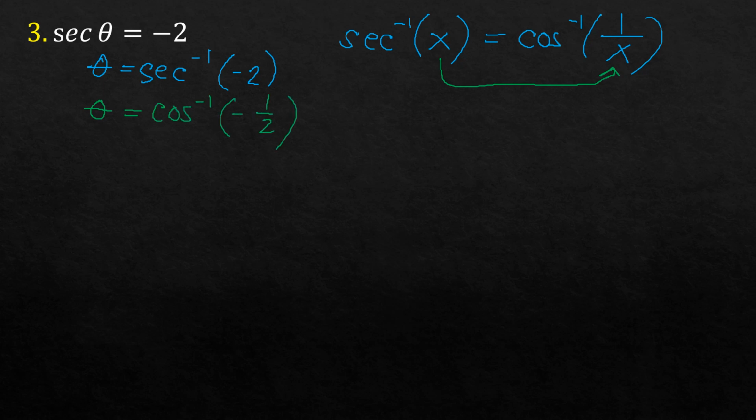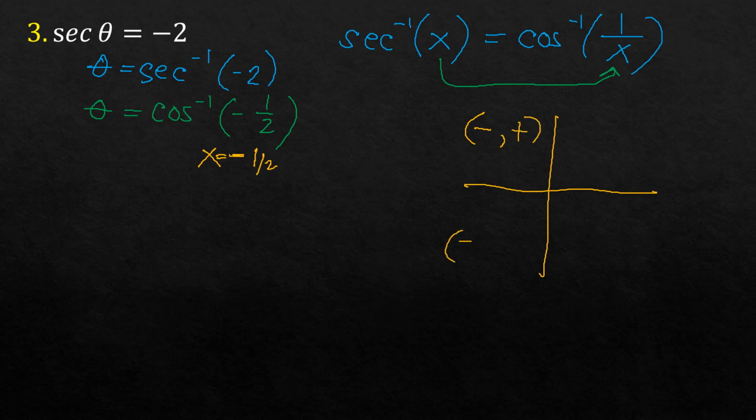Now the basis here is negative 1/2, and that negative 1/2 is the value of x. So where can we find negative value of x? It is found on quadrant 2, the other is on quadrant 3. So we expect two possible solutions on the period 2 pi, in the interval 0 to 2 pi.